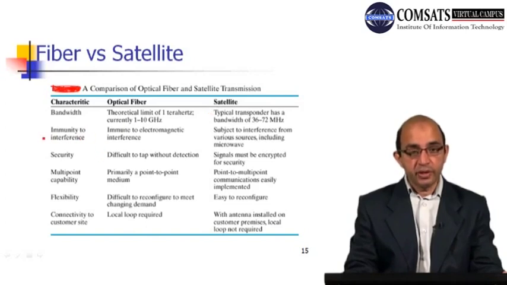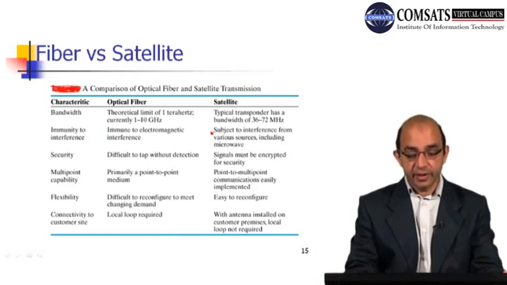Immunity to interference. As we have transmission by using light waves in case of optical fiber, there are no charges on photons that are actually carrying the data. So there is no EMI, electromagnetic interference, right? So they are more immune to interference.